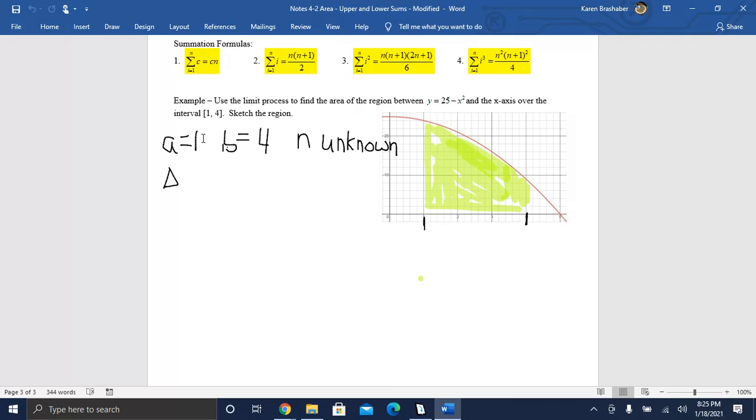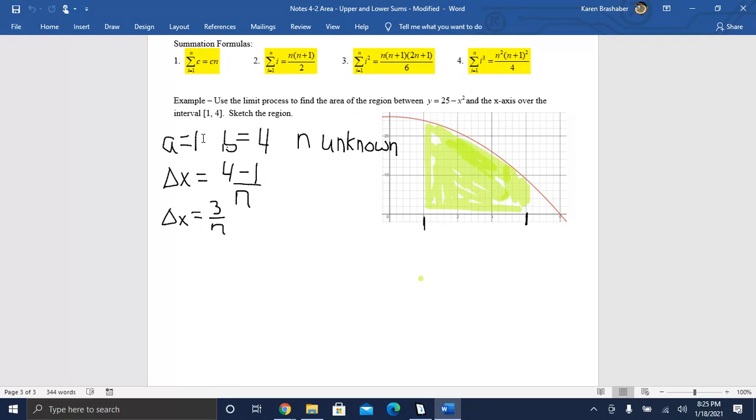So our delta x is, as before, b minus a, so 4 minus 1 over n. It's just that this time we don't know the n, so our delta x is going to be a variable expression, 3 divided by n, 3 over n.